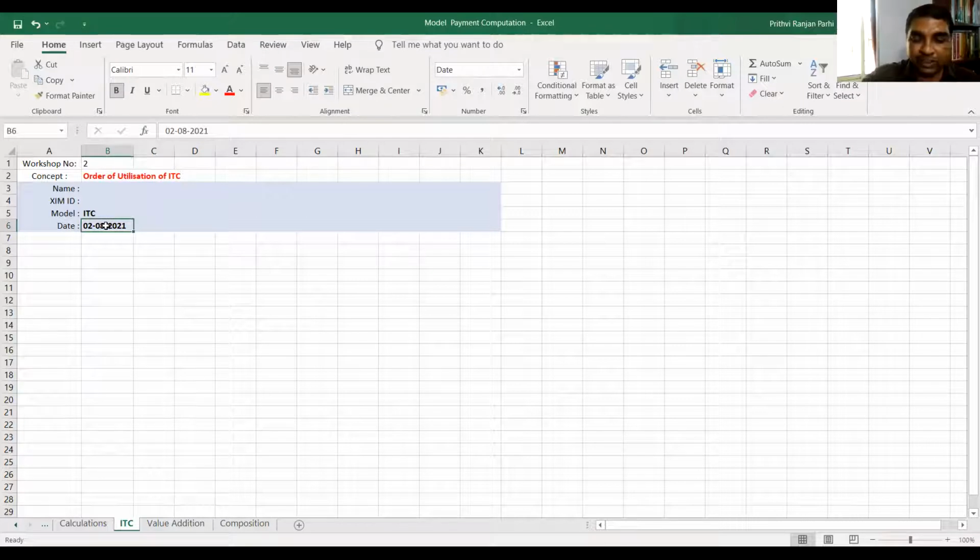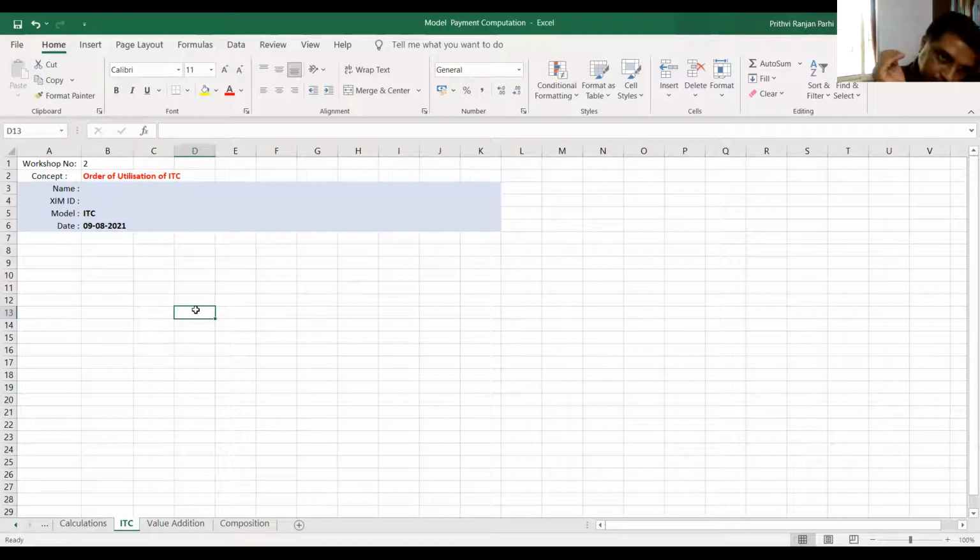And we are putting today's date. Are you ready with this? All of you have to work with me. You can take a photo on your mobile phone, quickly open an Excel file, and do it. Up to this, is it clear? Have you done it?